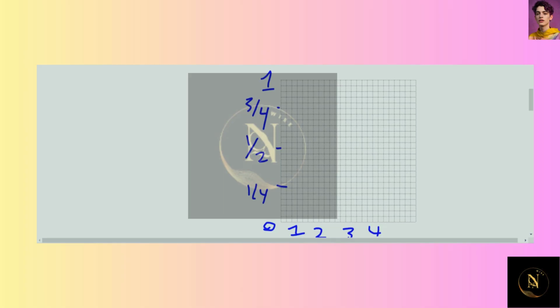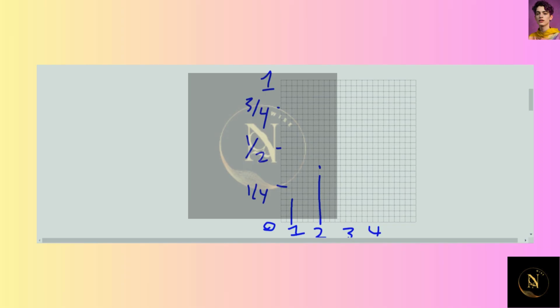Okay, so for our x equals 1 value, we have 3 28ths, which will go up to just about here. Our second value is 6 over 28ths, which will go up to right about there, I believe.